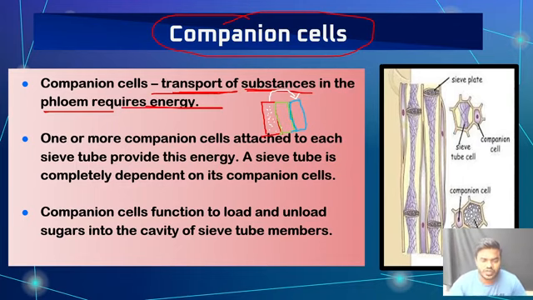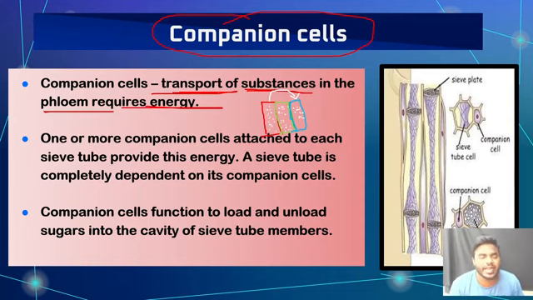From the mesophyll cell, sugars will enter into where? They will enter into the companion cells first. From the companion cell, sugars enter into the sieve tube element. Then they will be transported through the sieve tube element. Finally, they will reach the sink cells.